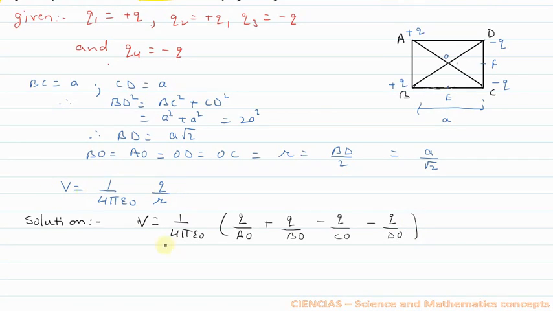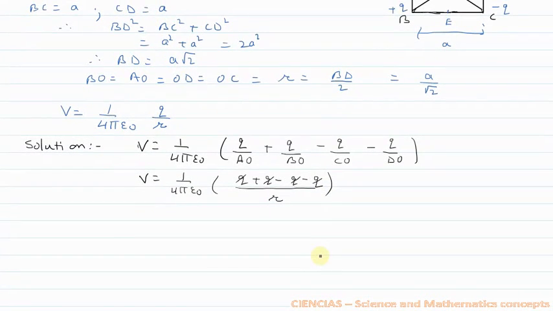AO, BO, CO and DO all are equal to r. So V is equal to 1 upon 4 pi epsilon 0 times q plus q minus q minus q upon r. So this q gets cancelled with this q, and this with this. Hence the potential at O comes out to be 0. This was the first part.